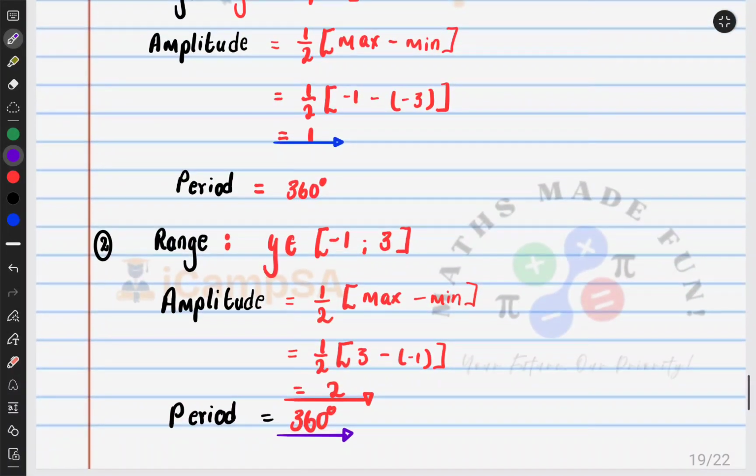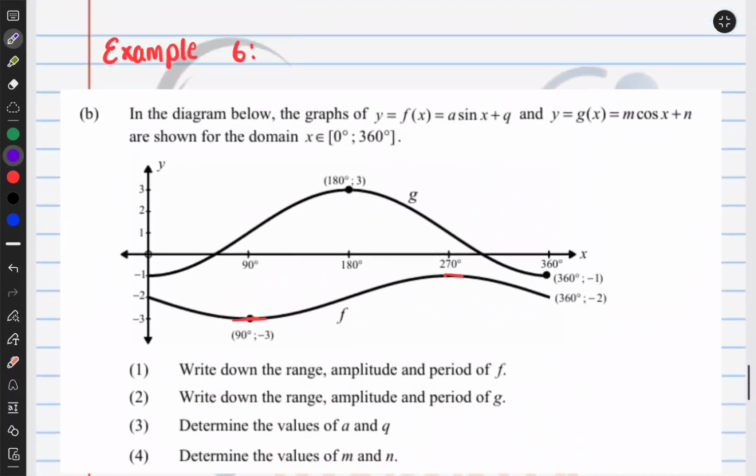Remember about the amplitude: the amplitude tells us how far the function is stretched from the baseline. This is the baseline of this function. As we can see, when we go from -2 to -3, it's just 1 unit. When we go from -2 to -1, it's just 1 unit.